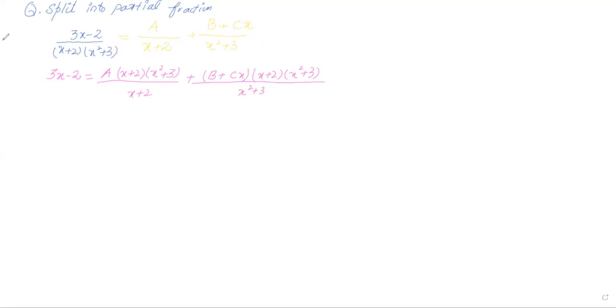If all the denominators are cancelled out, this means your steps up to now are correct. The x plus 2 is cancelled by the x plus 2, and x squared plus 3 will cancel out x squared plus 3.